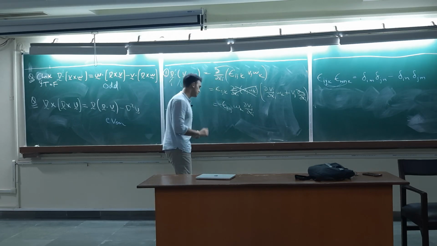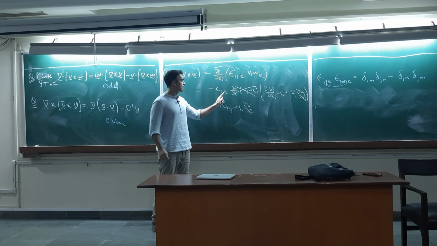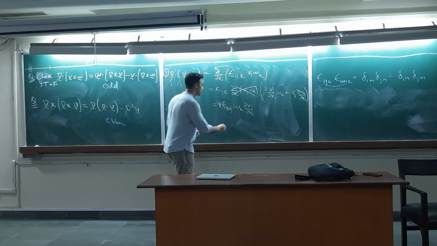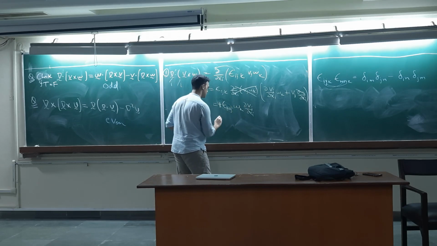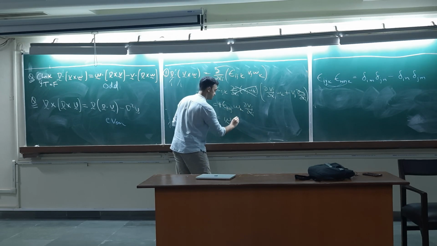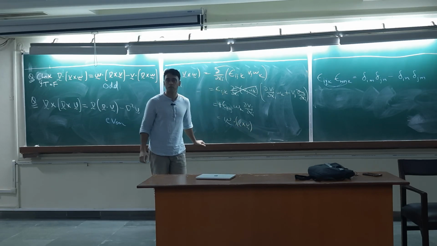Oh, sorry, kij. I shifted twice. I first made it kji and then kij. Then what I get? This is W dotted with epsilon kij, curl of V. Exactly like the first problem we did today.